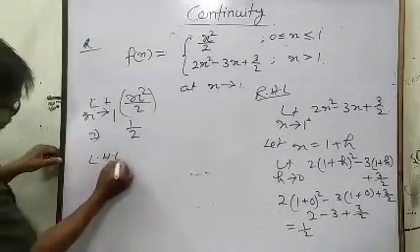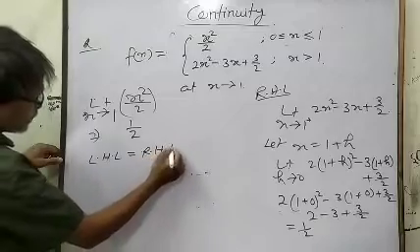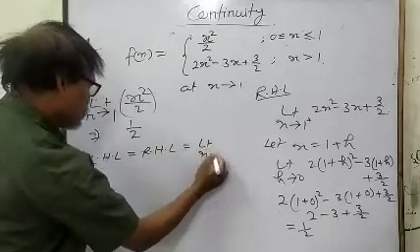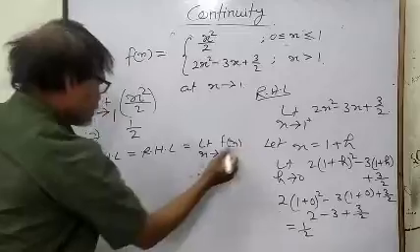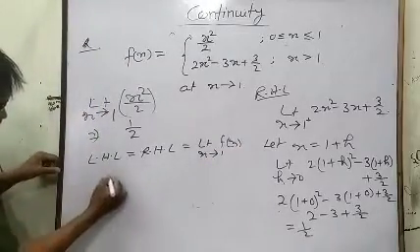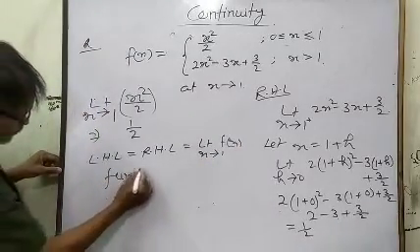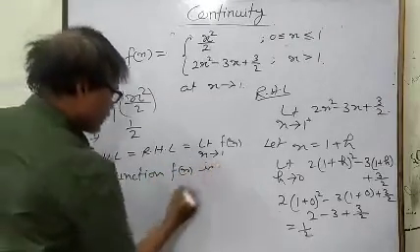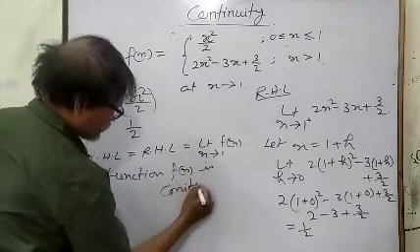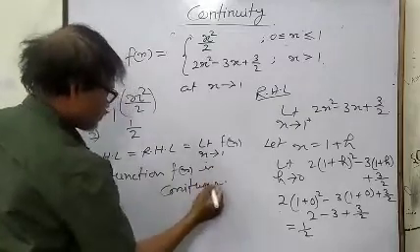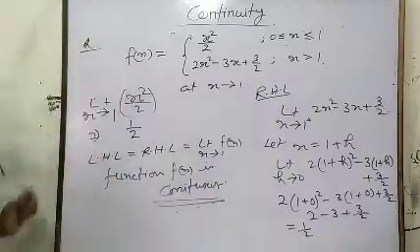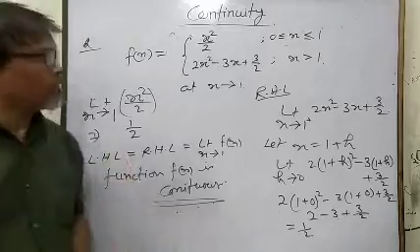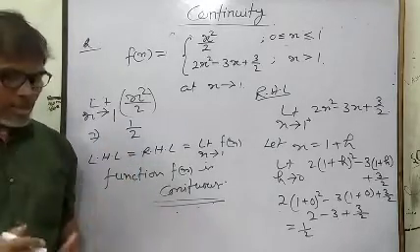Left hand limit is equal to right hand limit is equal to the value at x equal to 1. So the function f(x) is continuous. This is one example of continuity.